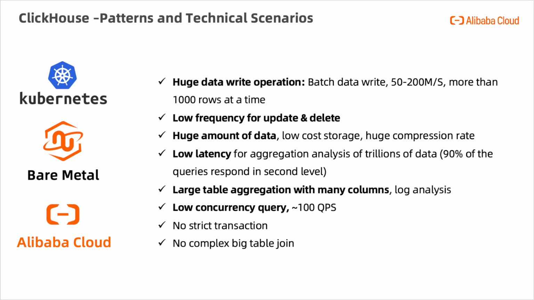Also, a con of ClickHouse is that it doesn't support complex big table joins. So imagine you have multiple complex systems and you would like to put those big tables together for analysis. You should not directly use ClickHouse to do the analysis. The solution could be to aggregate multiple tables into a wide one and then process the query using ClickHouse, or use Alibaba Cloud AnalyticDB to solve the issue directly.